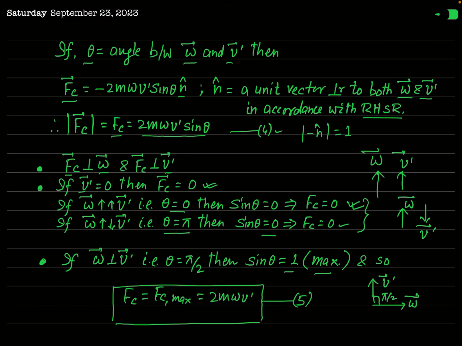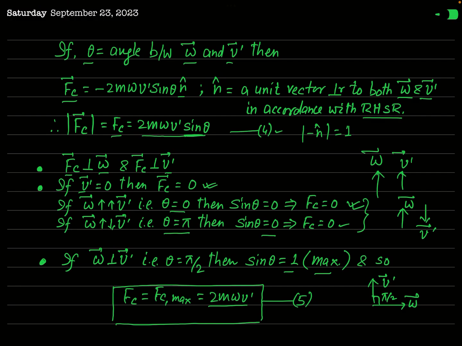So the magnitude of the Coriolis force will be maximum when omega and v prime are perpendicular. That maximum value will be simply 2m omega v prime, because sine theta in equation 4 will be 1.